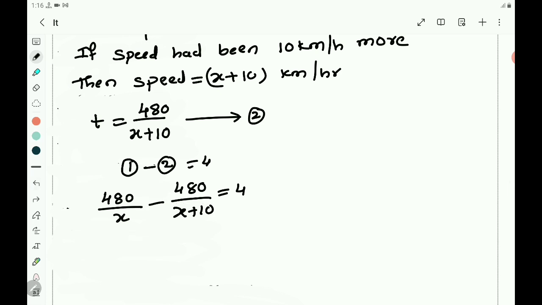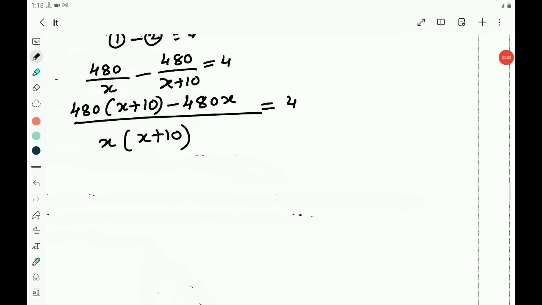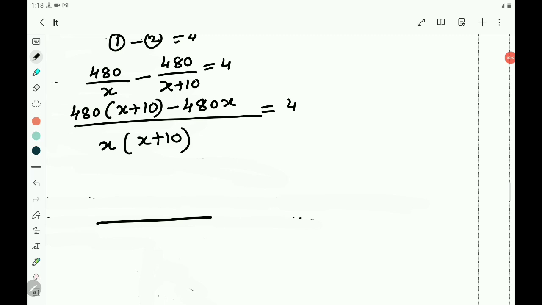Then take the LCM here. The product of these two becomes the LCM: x into x plus 10. In the numerator, 480 into x plus 10 minus 480 into x, equals 4. In the denominator, multiply x by x and x by 10.